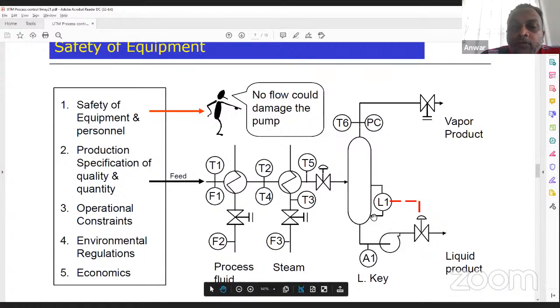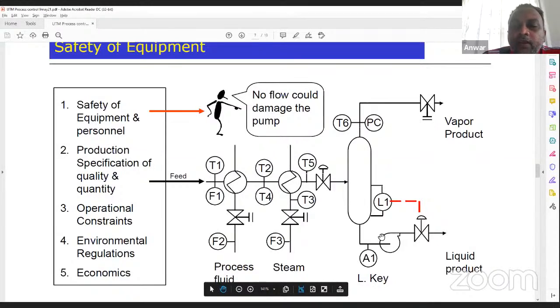So how does it work? Basically, the level in the drum will be translated into the sequence of the pump operation. If the level goes up to a certain high level, the pumping rate will be increased.